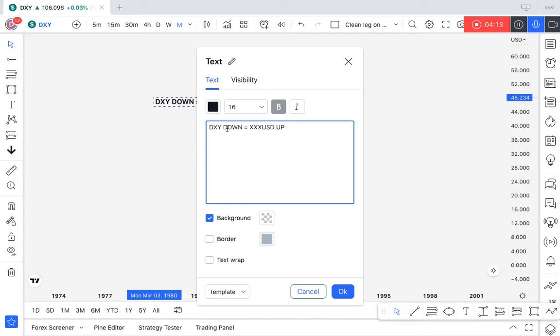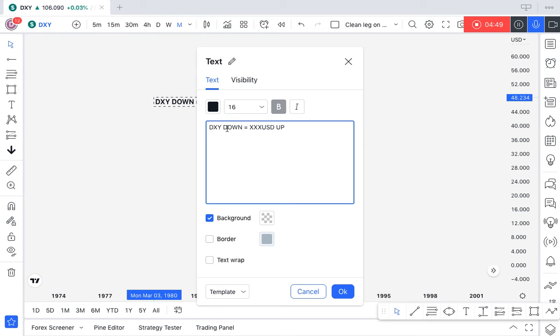In the sense that every currency pair that has USD last, basically GBP USD, Euro USD, and gold as well, XAU USD, if the XY is falling, those pairs will literally be going up. If the XY is trending to the downside, we are either trending up or trending down. The rest of the time we are actually consolidating. If the XY is going up, XXX USD pairs will go down.